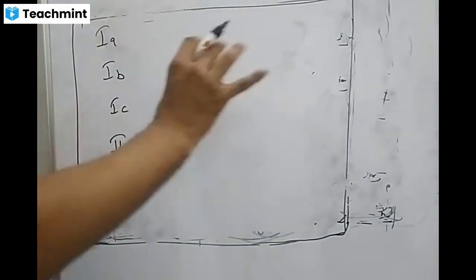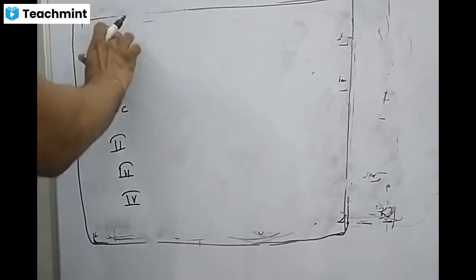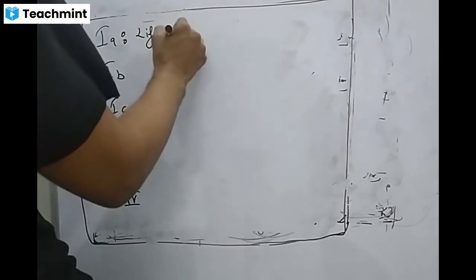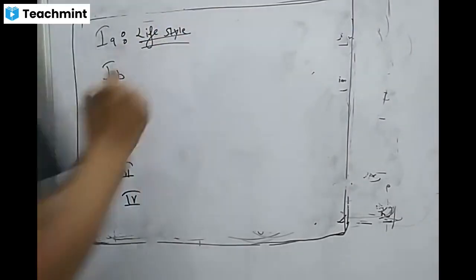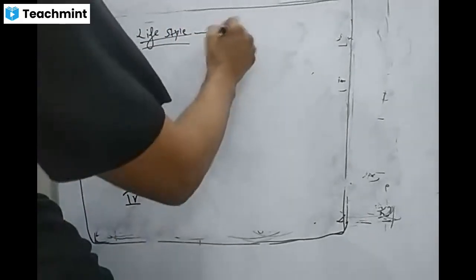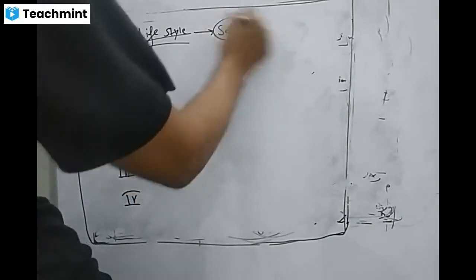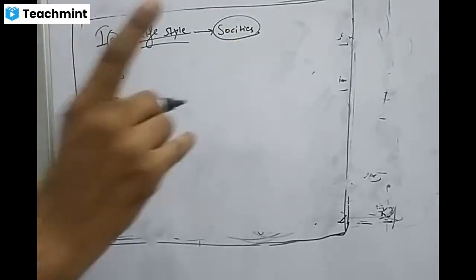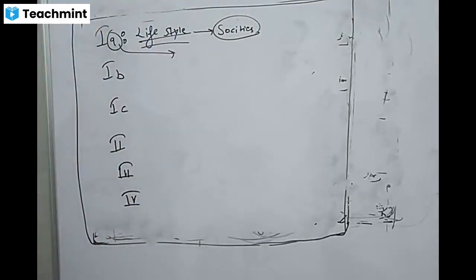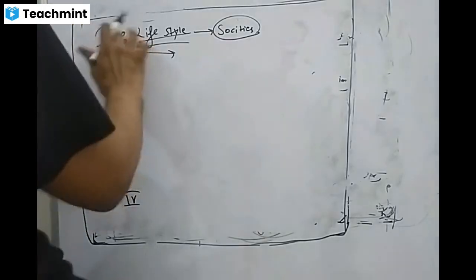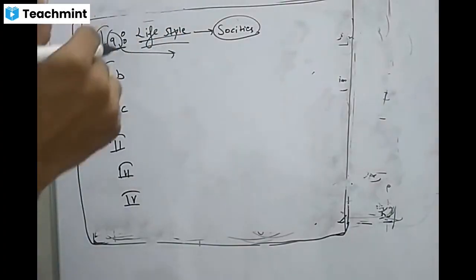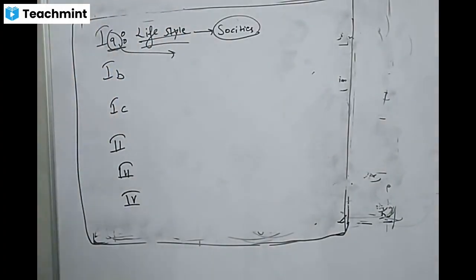The trick to remember this example is based on lifestyle. If you look at the high societies, the class A people, they live a hi-fi life. Means their standard of living is A class. So we call them A class people.